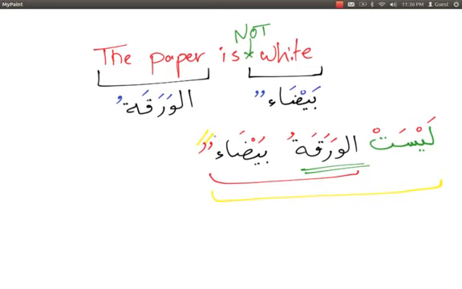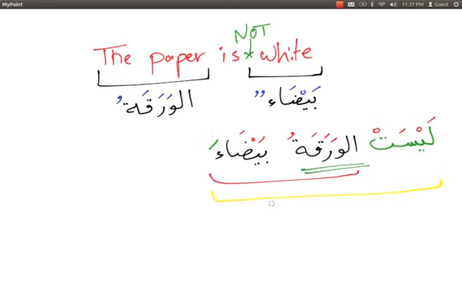Okay? Laysat al-waraqatu bayda'an. Okay, so this means that the piece of paper is not white, or the paper is not white.